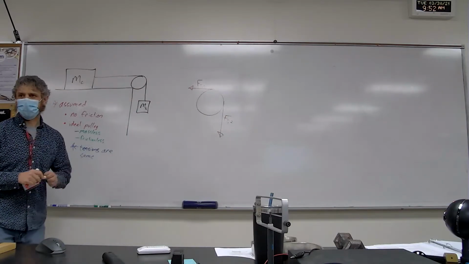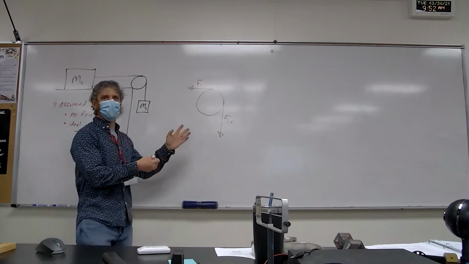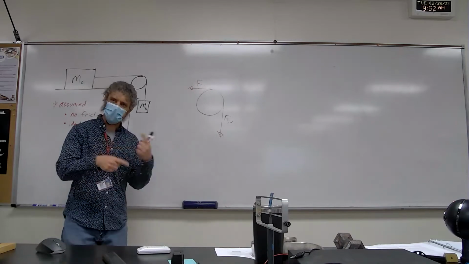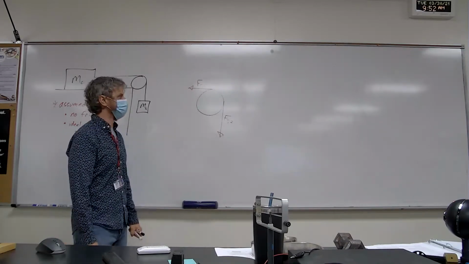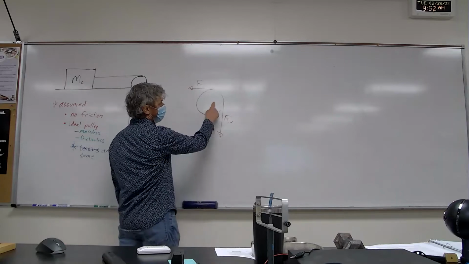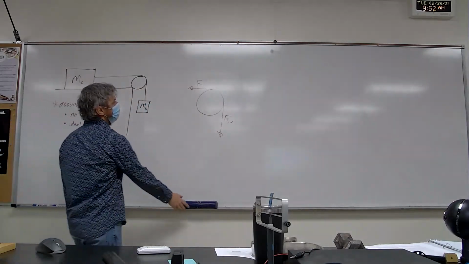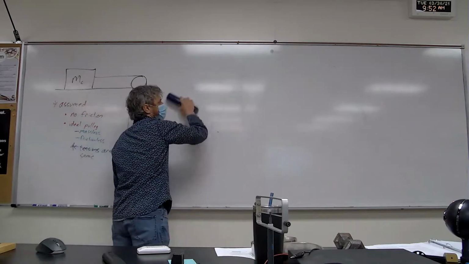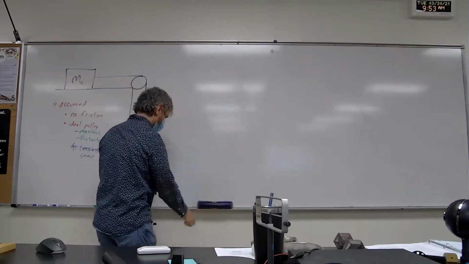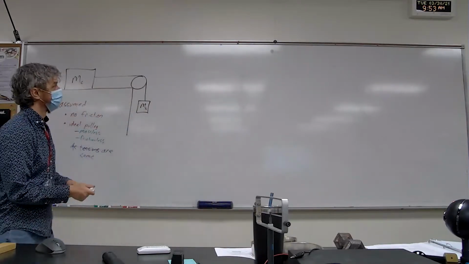You need a difference in tension forces in this case because you need a non-zero net torque to get the pulley to actually rotate. Okay. Same lever arms, right? Same 90-degree angles. Okay. So all that being said, let's say that we are tasked with doing this on a free response question.